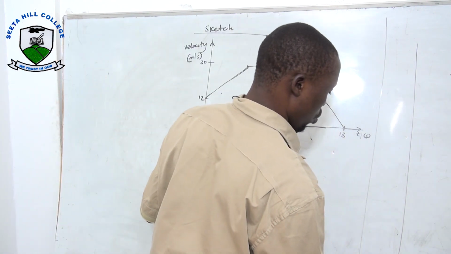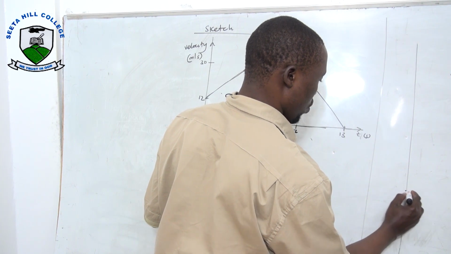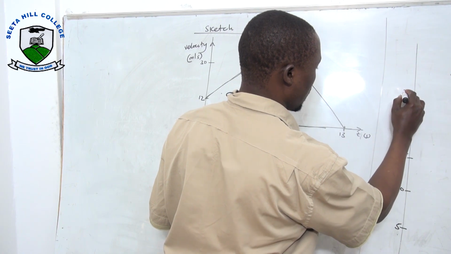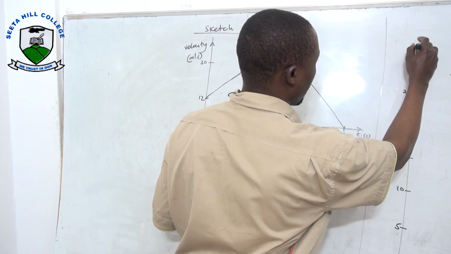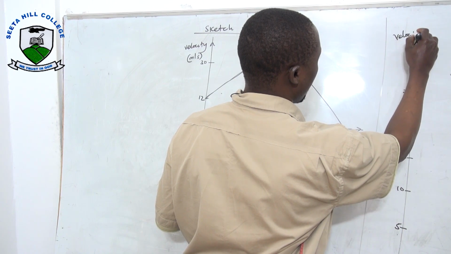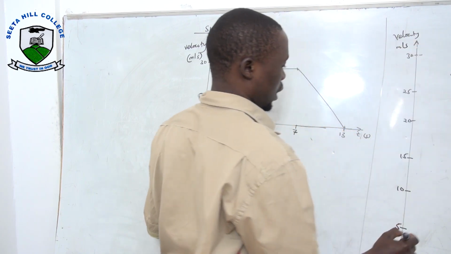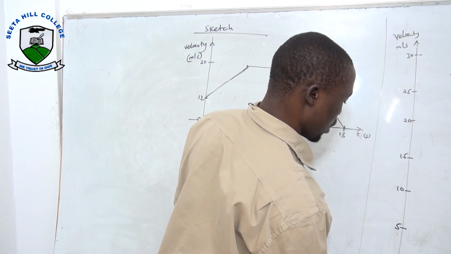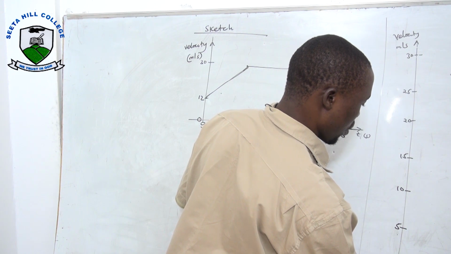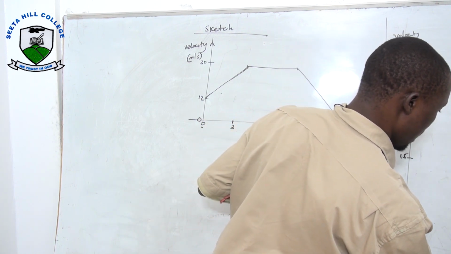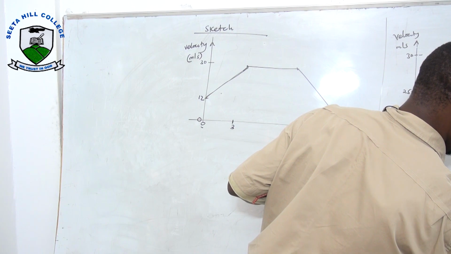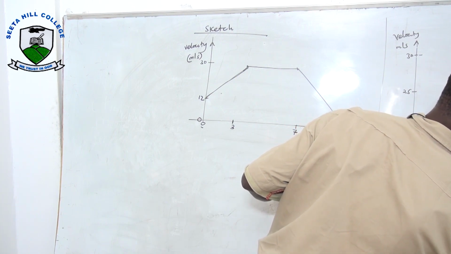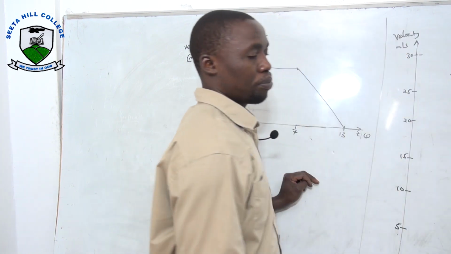That means 0, 5, 10, 15, 20, 25, and finally 30. That's the velocity in meters per second. Here we are using 2, 4, 6, 8, 10, 12, 14. This is time in seconds, not so?